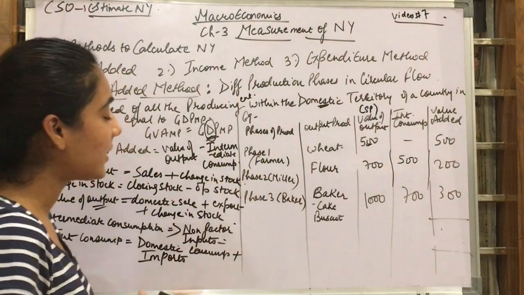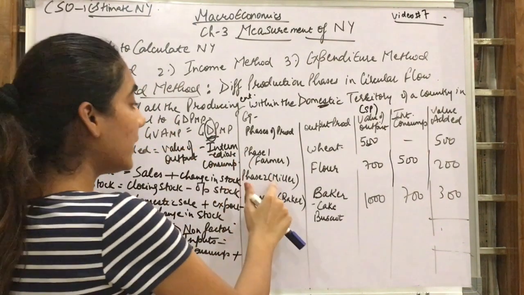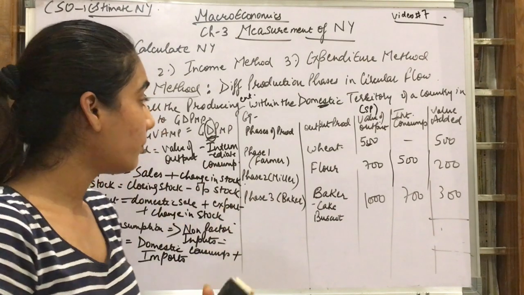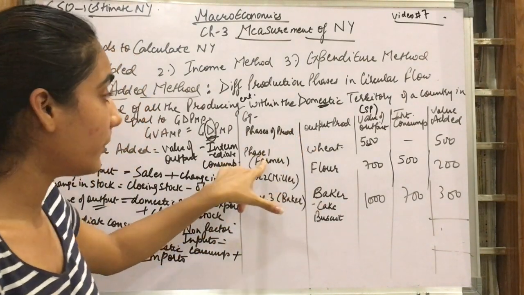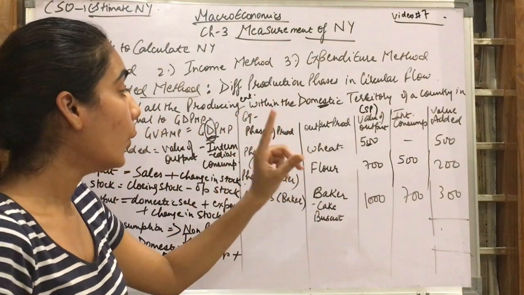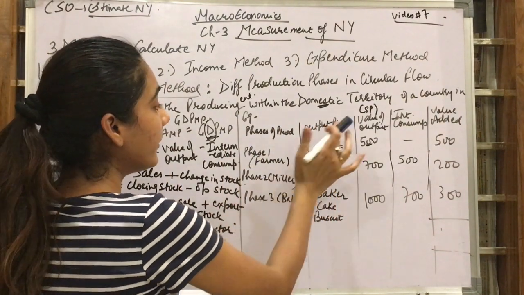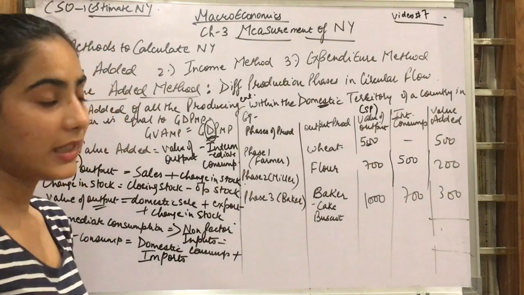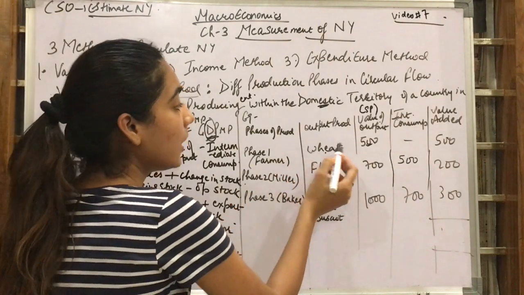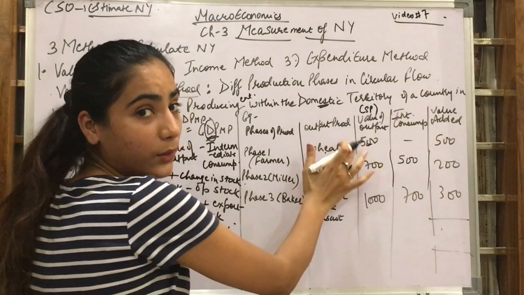Now phase 2 is the miller. Now the miller has to purchase the wheat from the farmer to convert wheat into flour. So the miller will be producing flour. For that he has to purchase the wheat which is of 500.